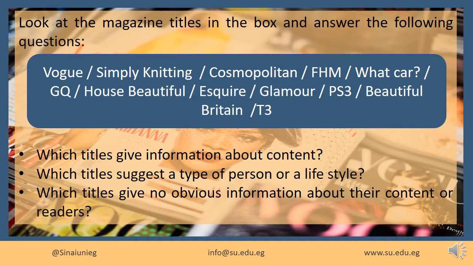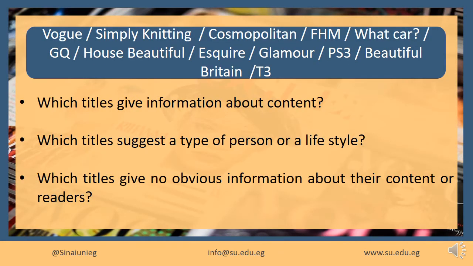Have you finished guessing? Okay. The titles here, as you can see, are Vogue, Simply Knitting, Cosmopolitan, FHM, What Car, GQ, House Beautiful, Esquire, Glamour, PS3, Beautiful Britain, and T3.